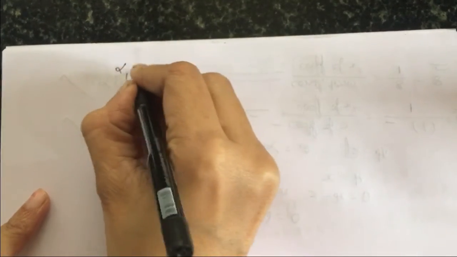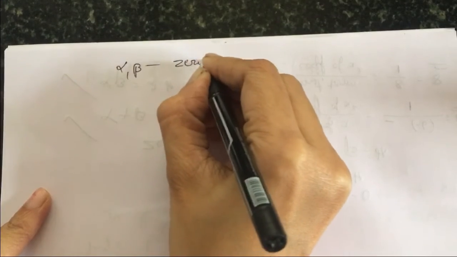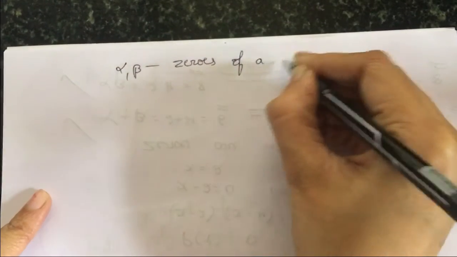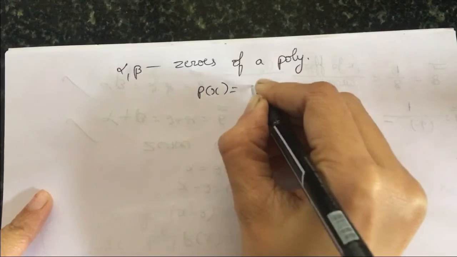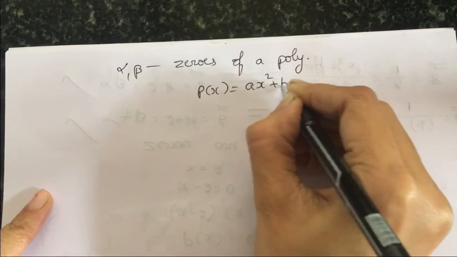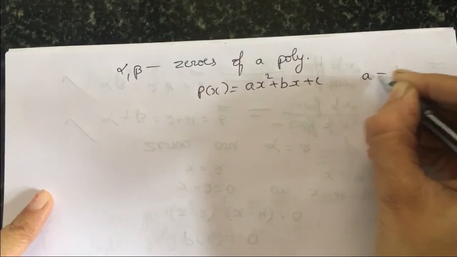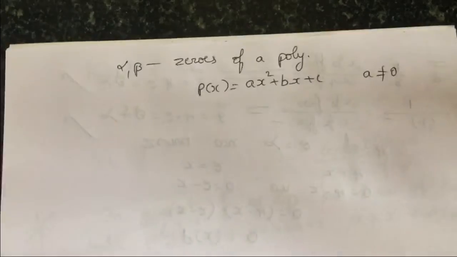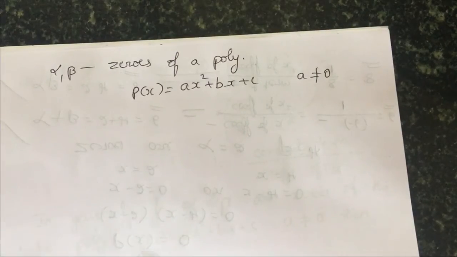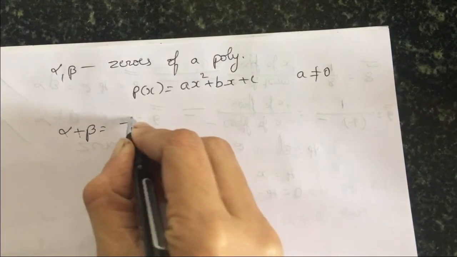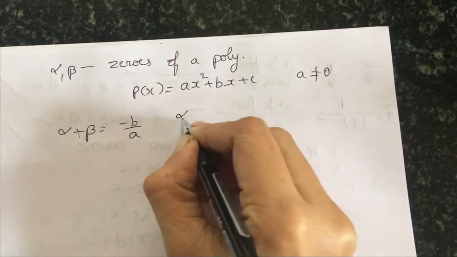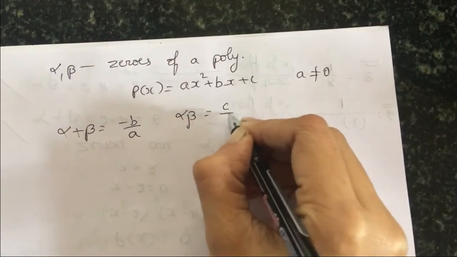Suppose it is given that alpha and beta are the zeros of a polynomial, say p of x equal to ax square plus bx plus c, with a not equal to 0. Now alpha and beta are the zeros, and you know alpha plus beta equal to minus b by a and alpha into beta equal to c by a.